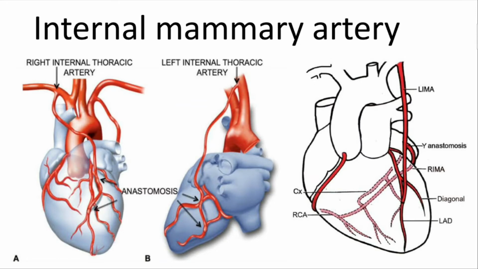Next thing is the role of the internal mammary artery in the treatment of coronary heart disease. The internal thoracic artery or internal mammary artery is sometimes used to treat coronary heart disease. When a segment of coronary artery is blocked by atherosclerosis, the diseased arterial segment is bypassed by inserting a graft.